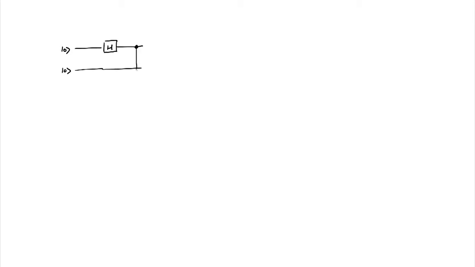And then we do a CNOT with the first qubit as a control bit and the second qubit as a target bit. Okay, so this is our quantum circuit. So let's analyze what the output looks like. So first, let's try to understand what the state is after this Hadamard.